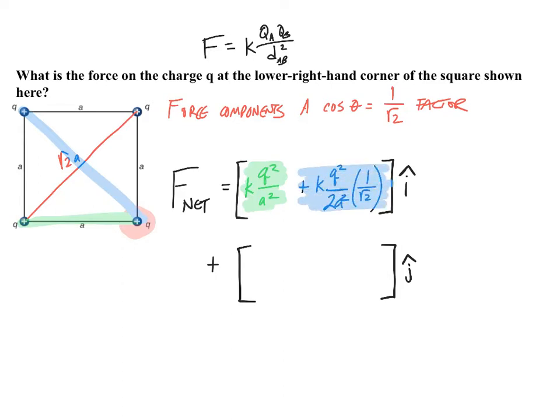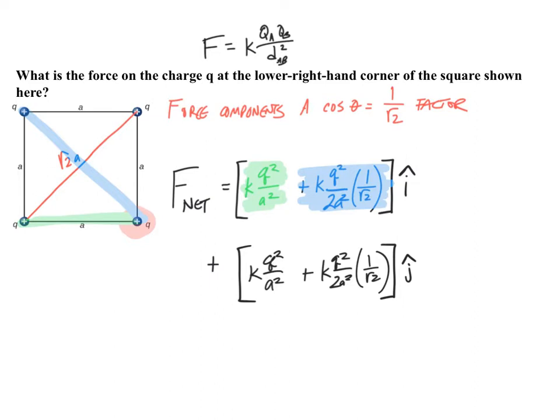So we end up getting the same exact thing out of the other one. We'll get a K Q squared per A squared plus a K Q squared per 2A squared times 1 over root 2. Just flip it around, it's the same two things, in the Y direction. All right, and that's it.